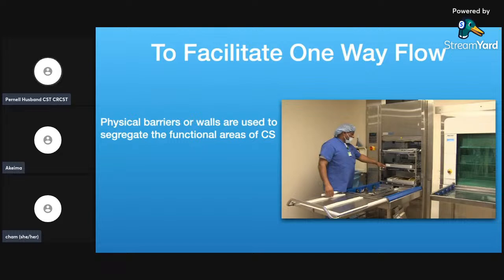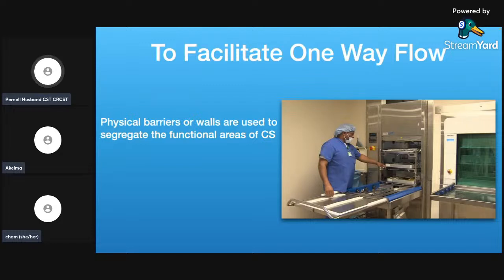So by the time it gets to the clean side, they should be ready to be handled, right? That's why we have things completely separated. That's why we use this industrial cleaning equipment to render these items clean.